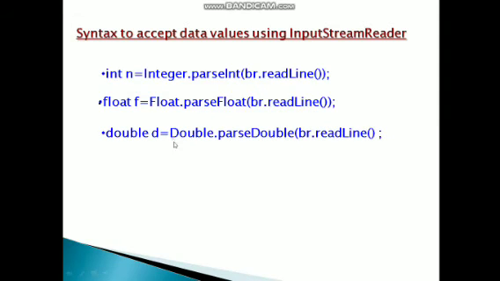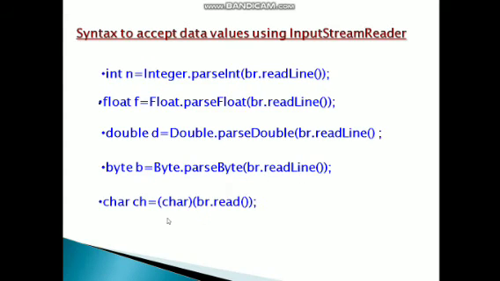Next, double d. This double is a data type, so it should be small, and d is a variable name, is equal to Double.parseDouble. Here again D as well as here D should be capital, then inside br.readLine function. And if it is byte, again capital B, Byte.parseByte of br.readLine function.